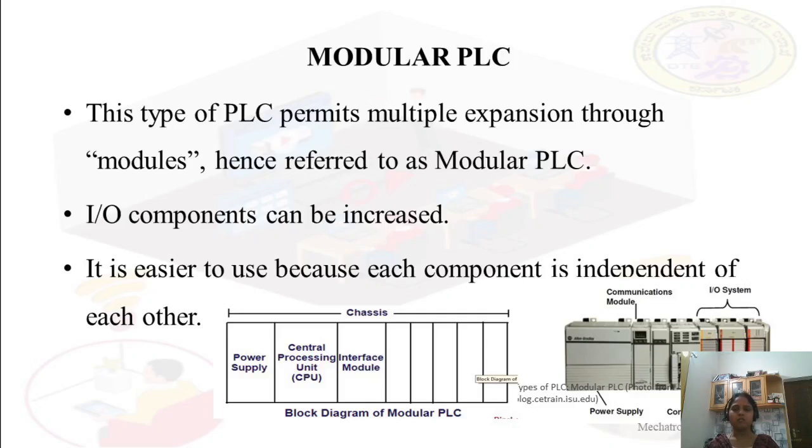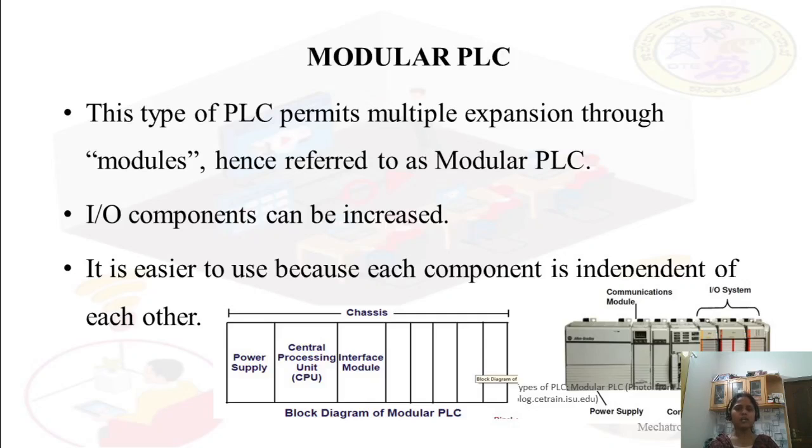The other diagram you can see how the modular PLC looks like. These are all the independent components we are connecting manually to form a PLC system. Okay. And these type of modular PLCs, these are more desirable in large industries. In the industries, they'll be using this type of modular PLC more.